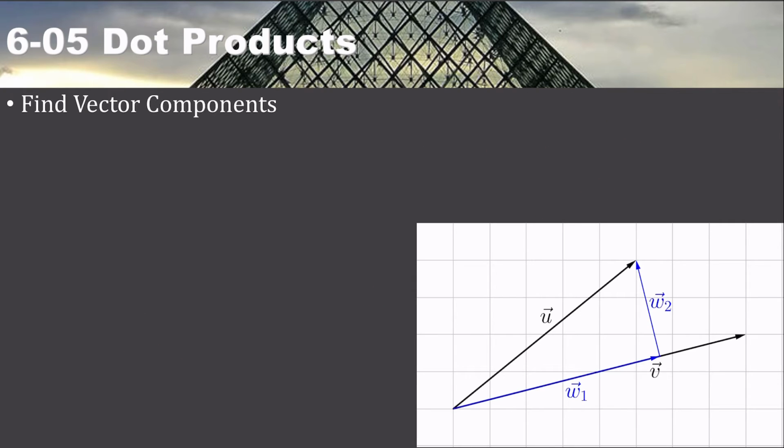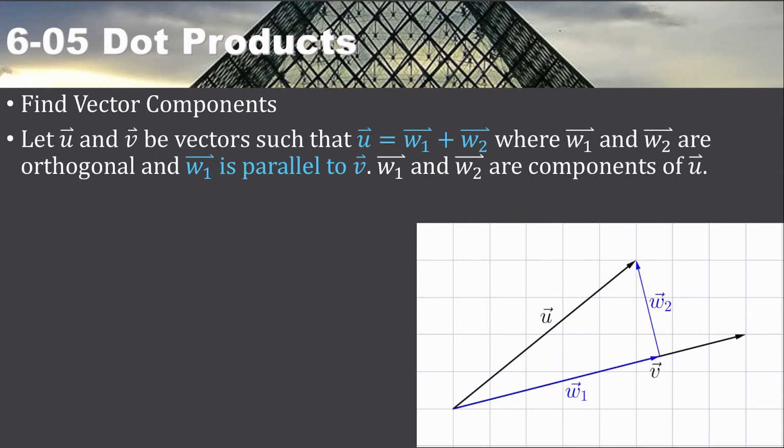You can also use dot products to find vector components. So we want u and v to be vectors such that u equals w1 plus w2, where w1 and w2 are orthogonal. So the w's are perpendicular to each other, and w1 is parallel to v.